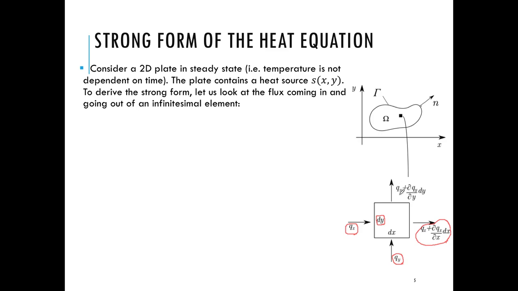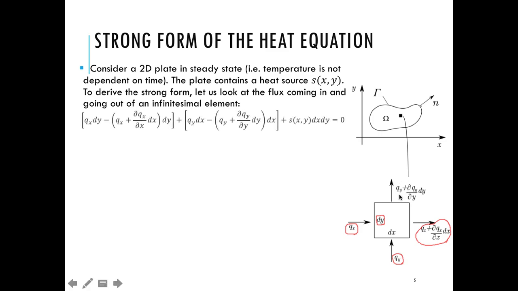So I can write out this entire expression, and notice that there will be some heat production also happening. But overall, energy must be conserved, which is why however much is flowing out must be equal to the heat being produced.